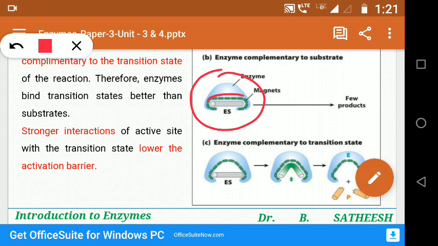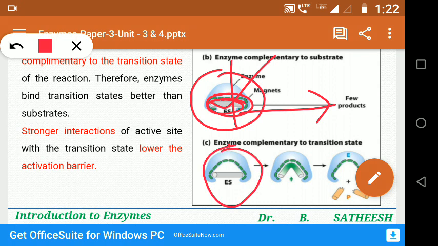That means all the sites on the enzyme active site are completely saturated by the sites on the substrate. So we have an enzyme-substrate complex here, but it cannot produce any products because a stable complex is being formed.